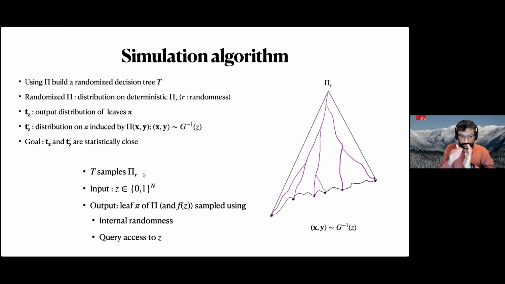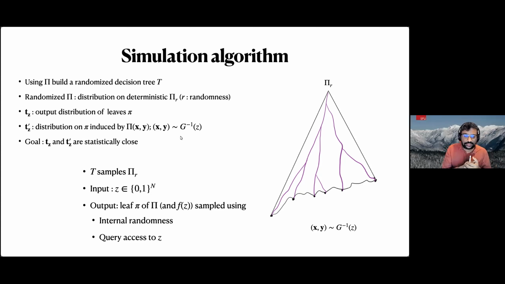We will mention some issues which are specific to the inner product gadget, but in general, this is a meta recipe for proving the hard direction for almost all gadgets that we use in deterministic or randomized lifting theorems.